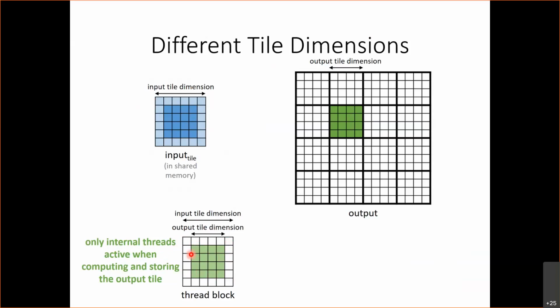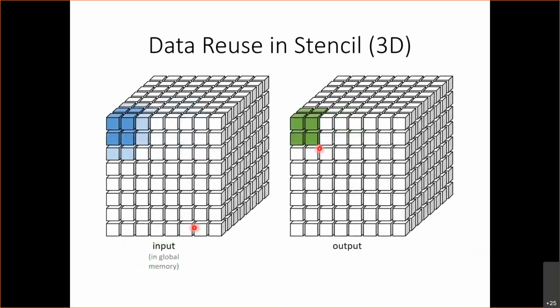Okay, and the same thing applies. So in 3 dimensions, if I have a thread block assigned to process these output elements over here, this output cube, then the thread block assigned to these output elements exhibits some data reuse.